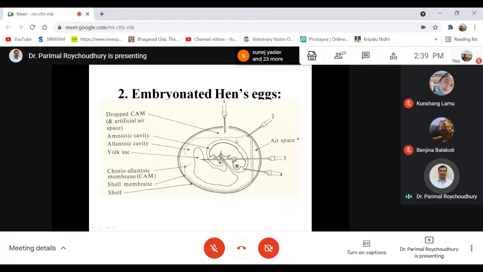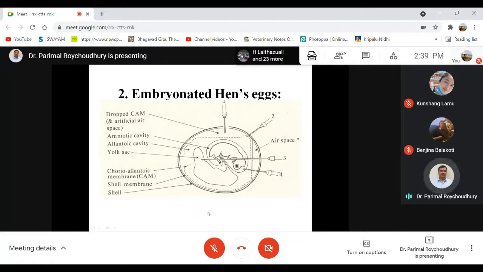In our previous classes, we talked about how in the different compartments inside the growing embryo, we can inject the virus material and the virus will grow in a living embryo, and we can see the changes and harvest the virus. So for Newcastle disease virus, we use the allantoic cavity route of inoculation, number 2, this particular route.